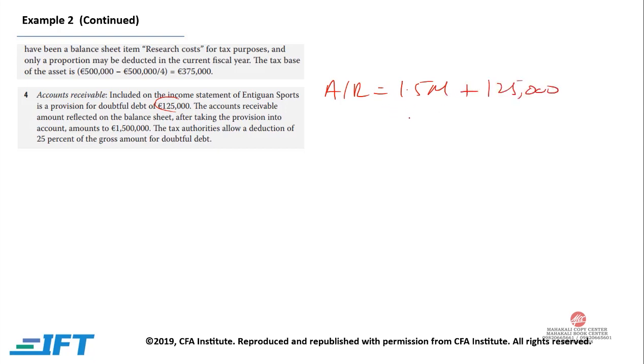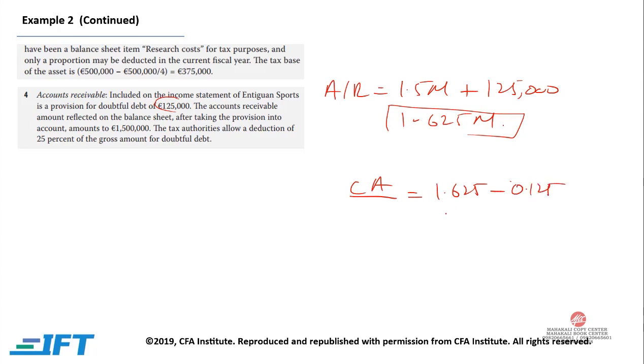So technically it should be 1.625 million. Because of the provision for doubtful accounts, 125,000 was deducted. So carrying amount would have been 1.625 million minus 125,000. This would give us 1.5 million.